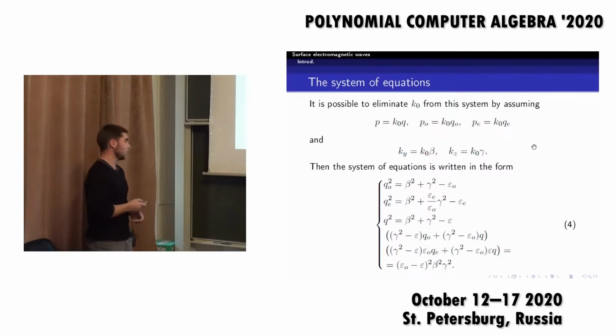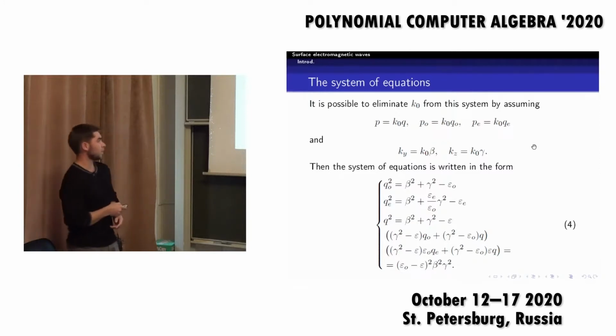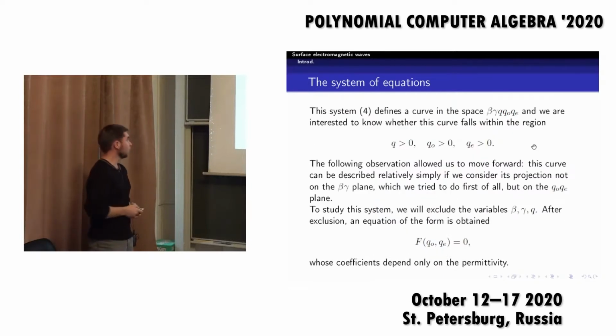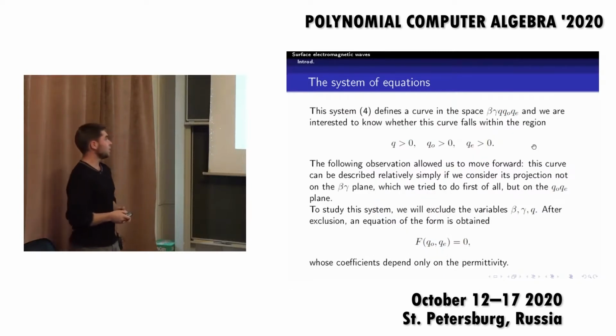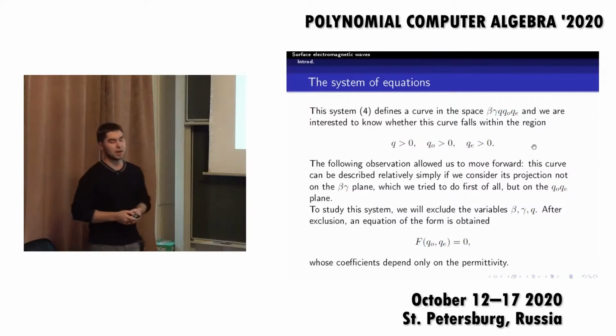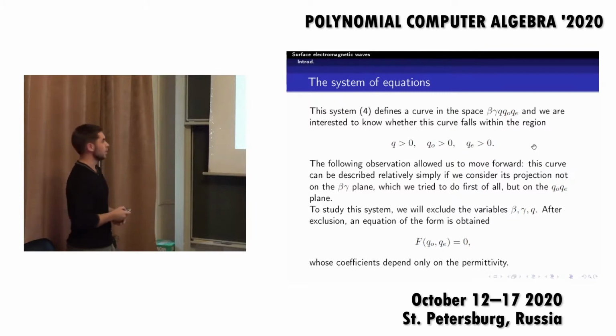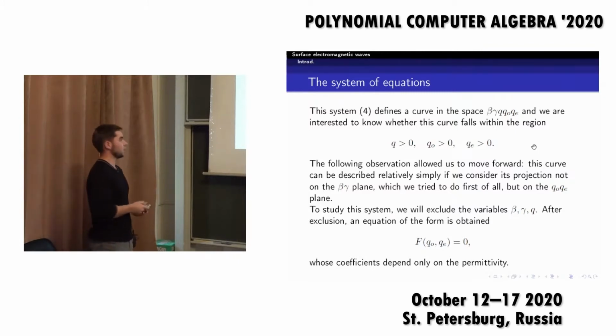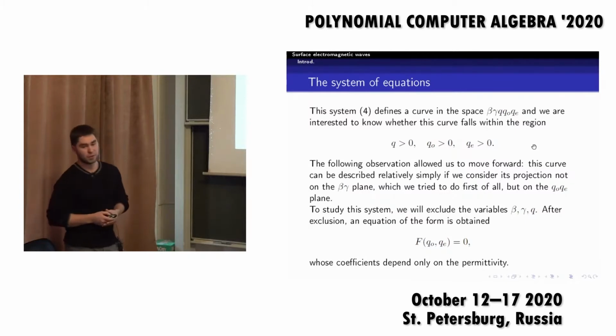The system of equations we write in this form. This system defines a curve in the 5-dimensional space, and we are interested to know where this curve falls within this region of space.